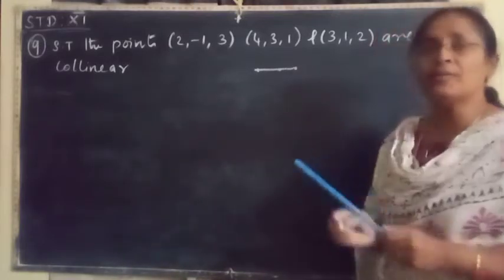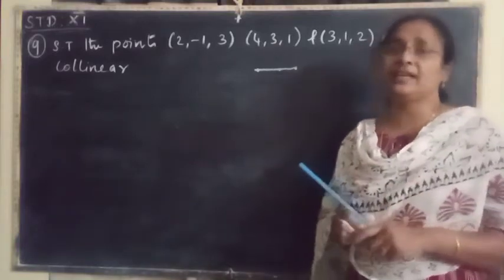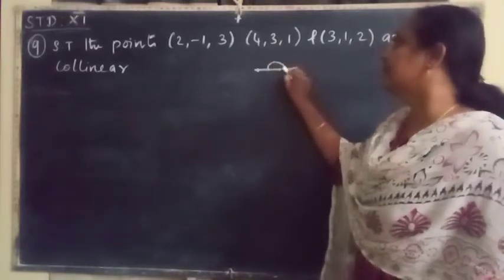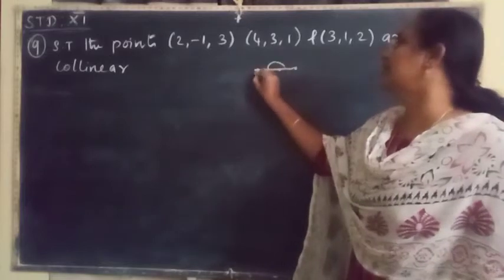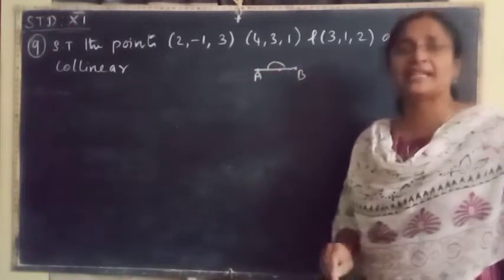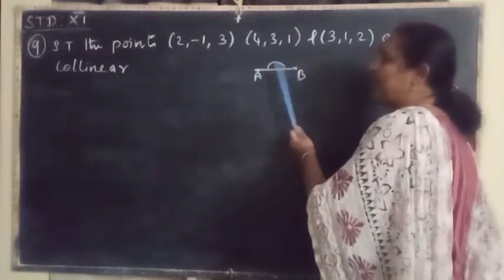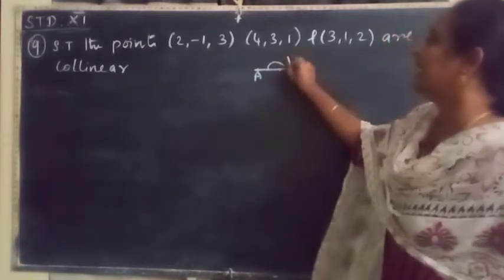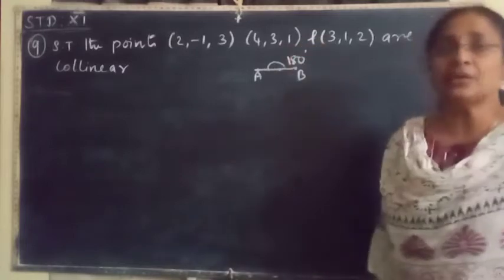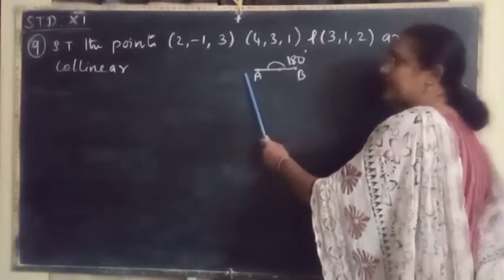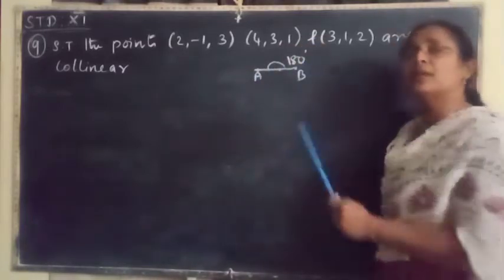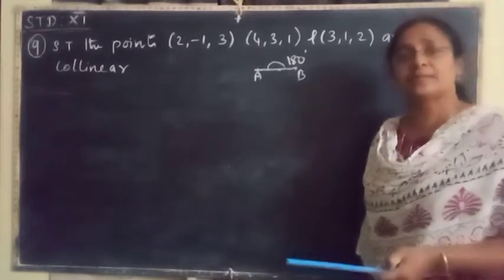Now we have 2 points. Let us assume we have 2 points A and B. We are going to say that the angle between A and B is 180 degree. Yes or no? The angle on a straight line is how much? 180 degree. You have learned this in your very smaller classes.